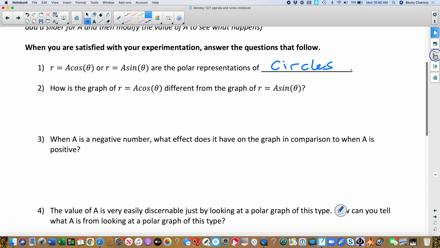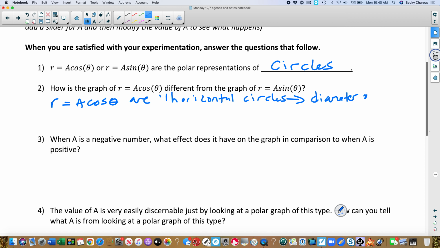Okay, how is the graph of r equals a cosine theta different from the graph of r equals a sine theta? So these are r equals a cosine theta. I would call them our horizontal circles, meaning the diameter is on the x-axis.